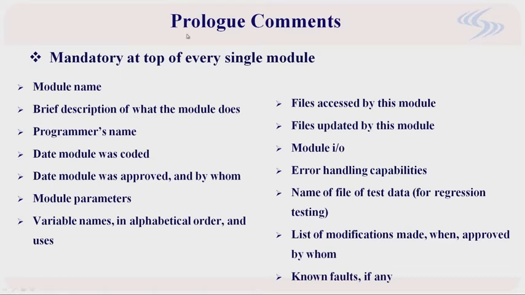A prolog comment should include the module name and a brief description of what the module does, the programmer's name, the date this module was coded, the date this module was approved and by whom, module parameters, and variable names in alphabetical order and their uses, and fields accessed by this module, fields updated by this module, module input and output, error handling capabilities, name of file or test data for regression testing, and a list of modifications made, when, approved by whom, and known faults, if any.